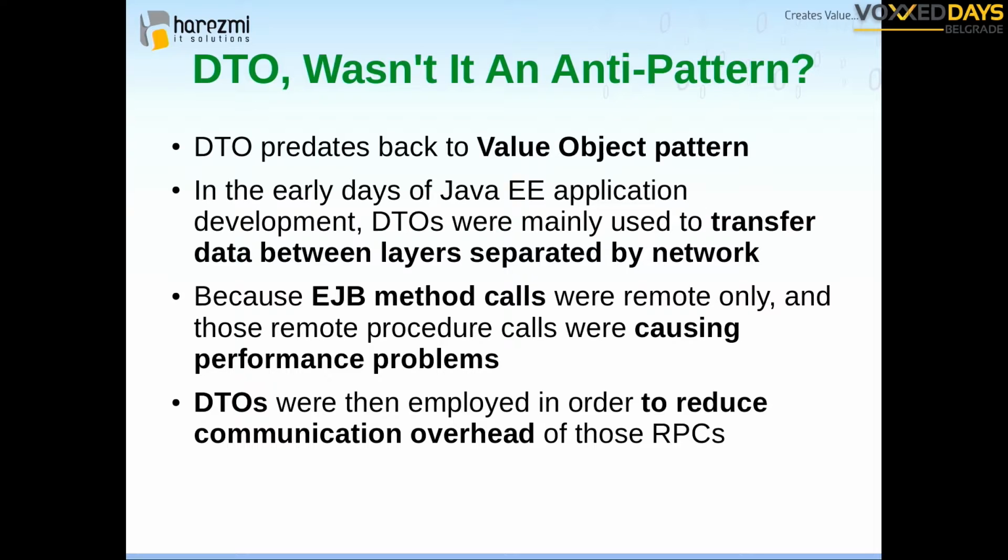EJB technologies were mainly used in those old days, and EJB method calls were remote. Those remote procedure calls were causing lots of performance problems, and in order to reduce such performance problems, people tried to employ data transfer objects, bringing several objects together and transferring data from server to client, or vice versa.